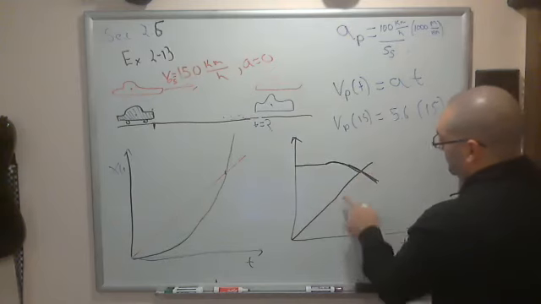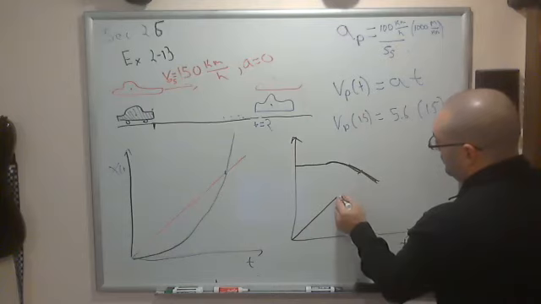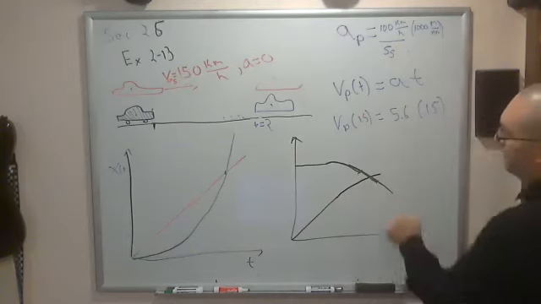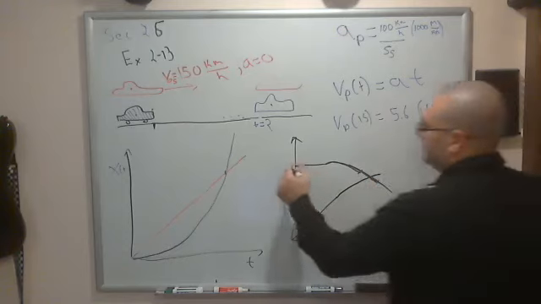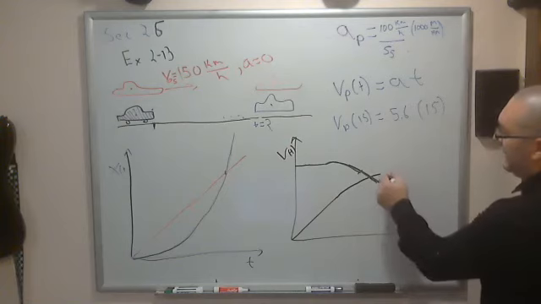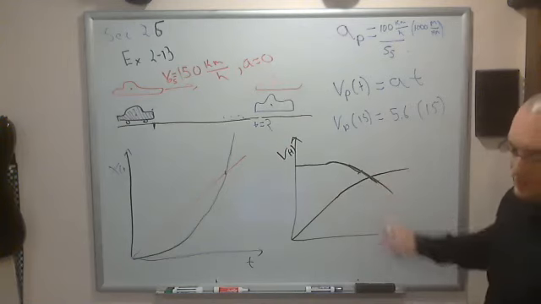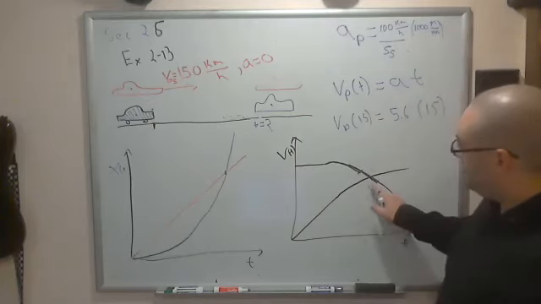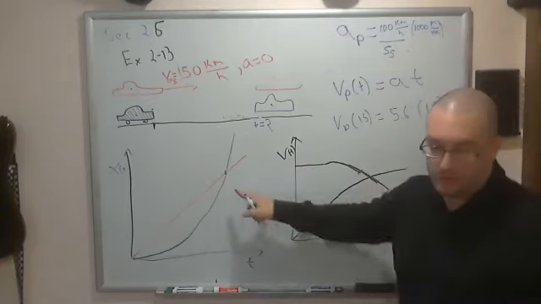So, let me draw this a little bit. All right. So they'll cross over here now. The velocities will end up being the same at this point. Just because the velocities are the same doesn't mean that they'll cross at the same point.